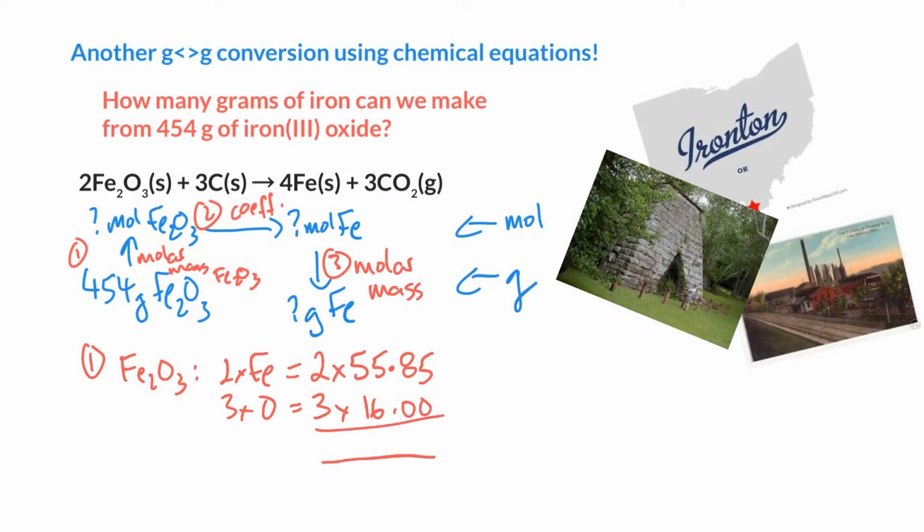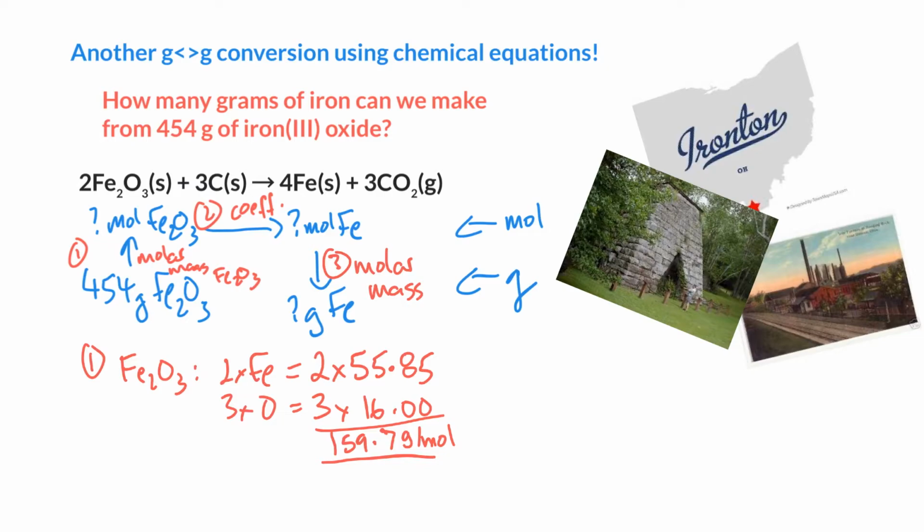And if we sum those together, we get the mass of 1 mole of iron oxide in grams, which is 159. It would help if I wasn't using the erase tool. 159.7 grams for every mole of iron oxide.